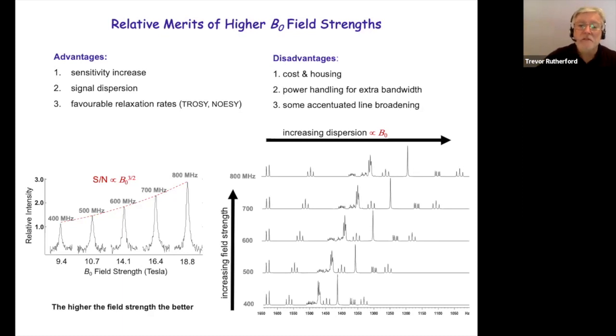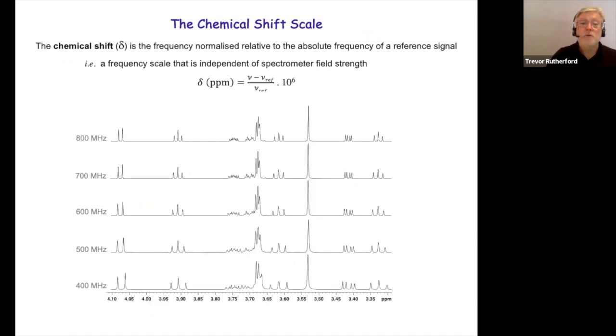So that's at the top end. For something around the 400 end, we're talking about £300,000-400,000, something like that, for a start into the lower end of the field range. But the basic premise is at the end, the higher the field strength, the better, and you buy what you can afford and what's needed for the scientific projects.